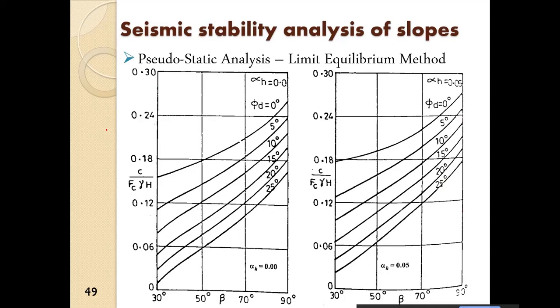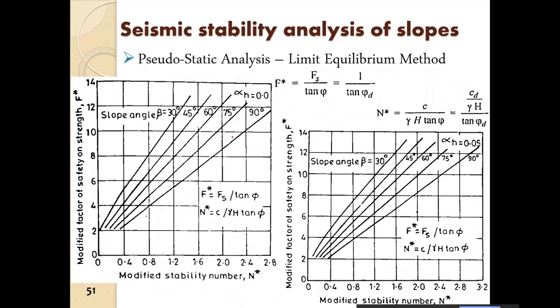Apart from that, we have already discussed how we can use Taylor's method, modified by Prakash, Sharan and Raj. Here the things that we need are the cohesion C, the angle of internal friction phi, the slope angle beta, the height of the slope h, and the unit weight of the soil.